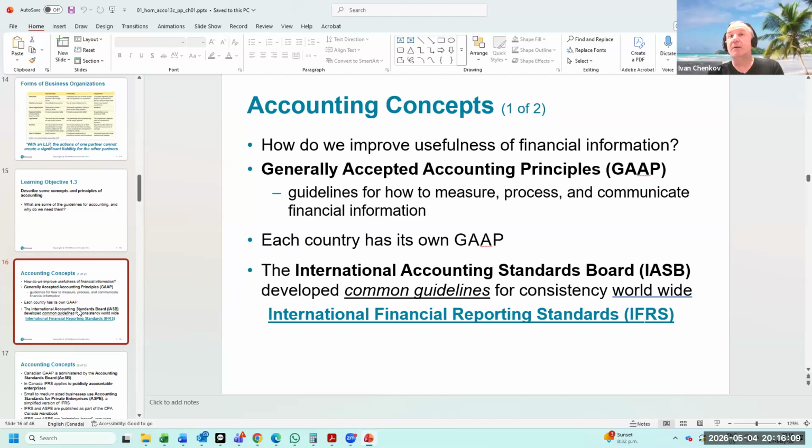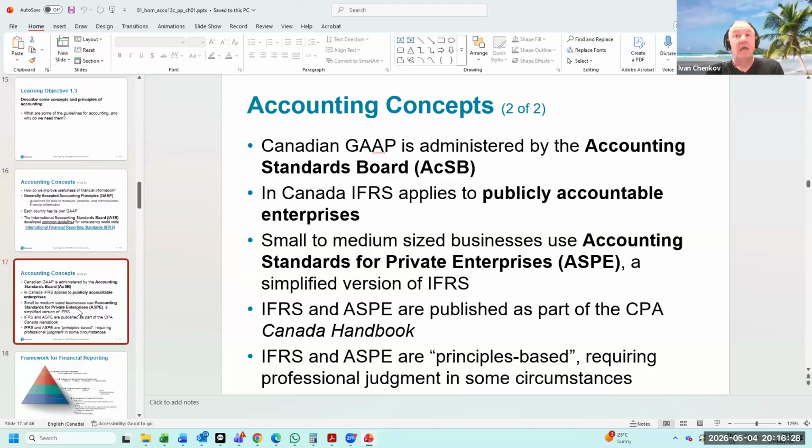So if you're running a public company, and your shares are available to users around the globe, you have to follow International Financial Reporting Standards, which are developed by the International Accounting Standards Board. If you're a private corporation, then you have the option to use the Accounting Standards for Private Enterprises, which are set up by the Accounting Standards Board in Canada.